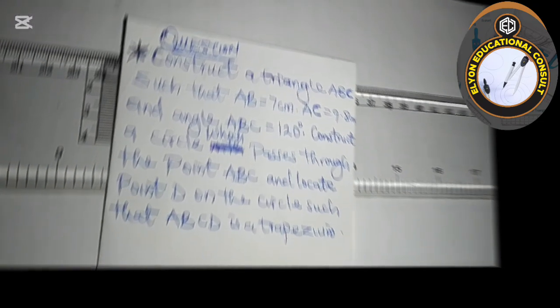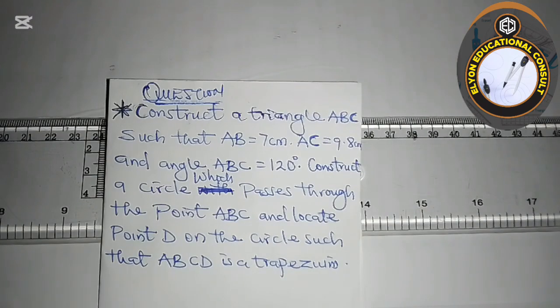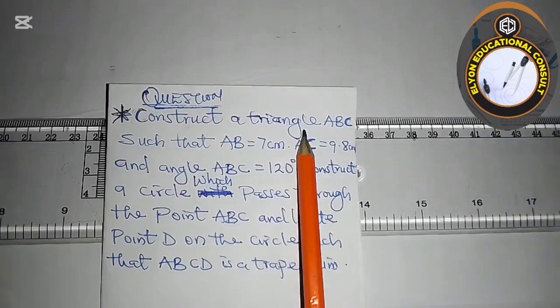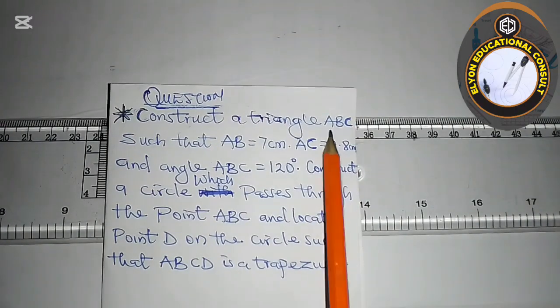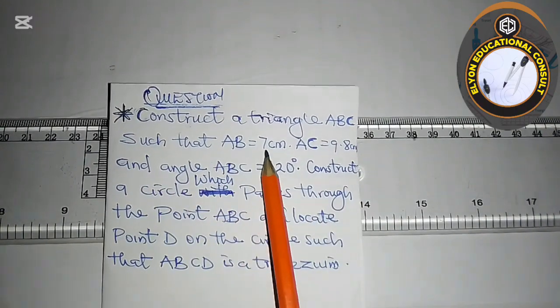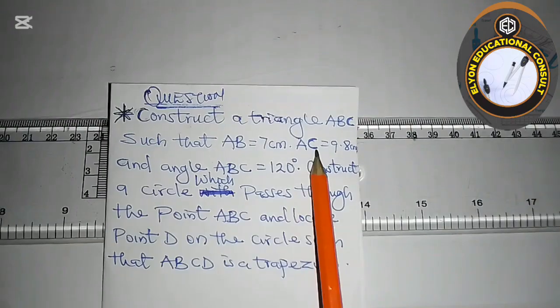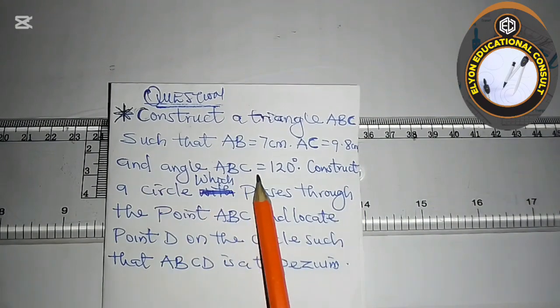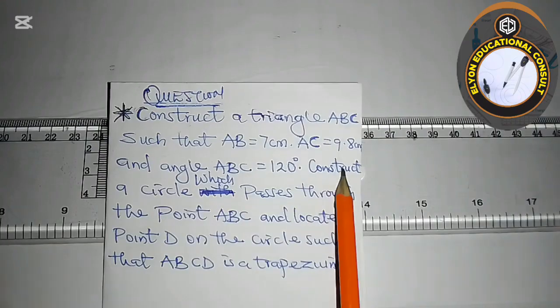This particular question on your screen was sent to me by one of my students. He or she wants me to solve this question by constructing a triangle ABC such that AB equals 7 centimeters, AC equals 9.8 centimeters, and angle ABC equals 120 degrees.